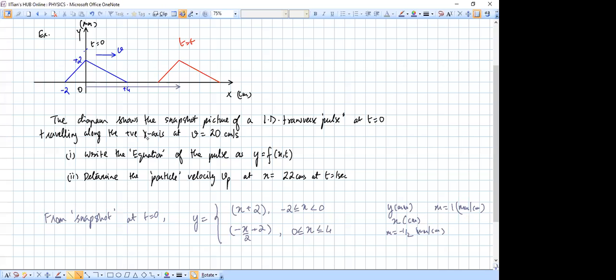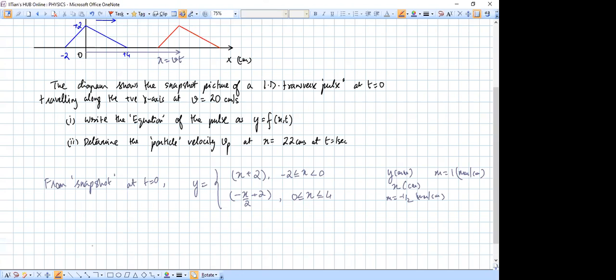So the displacement of the pulse would be equal to vt, like this. So what we do in the equation of the pulse is we replace x with x minus vt.